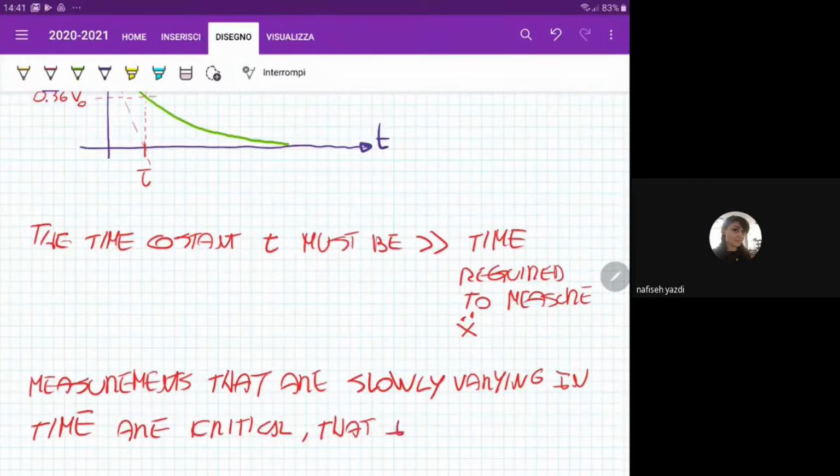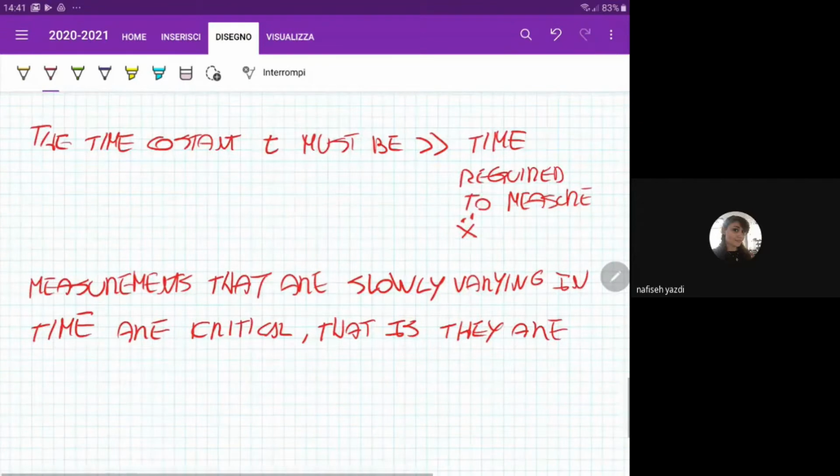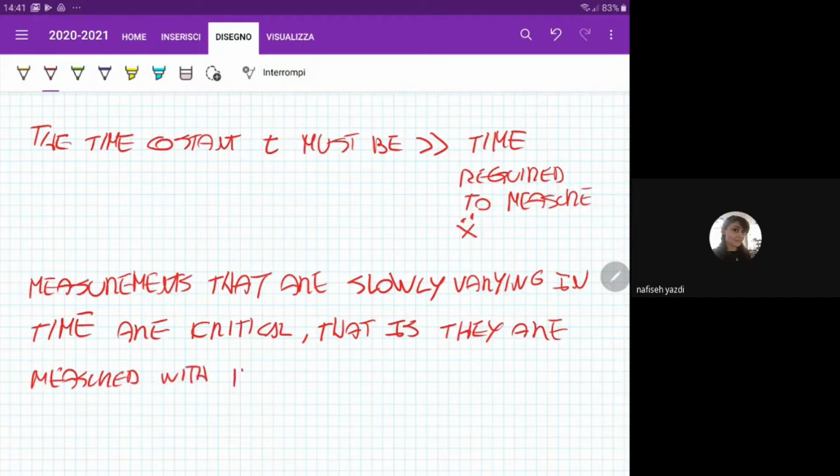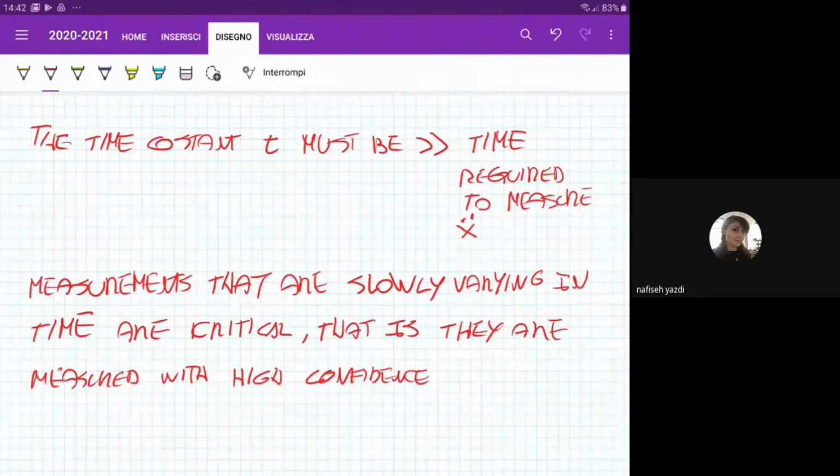That is, they are not major, high confidence. Why that? Because if you let time pass by, then the output tension is practically zero. So you got noise. So no accuracy at all.